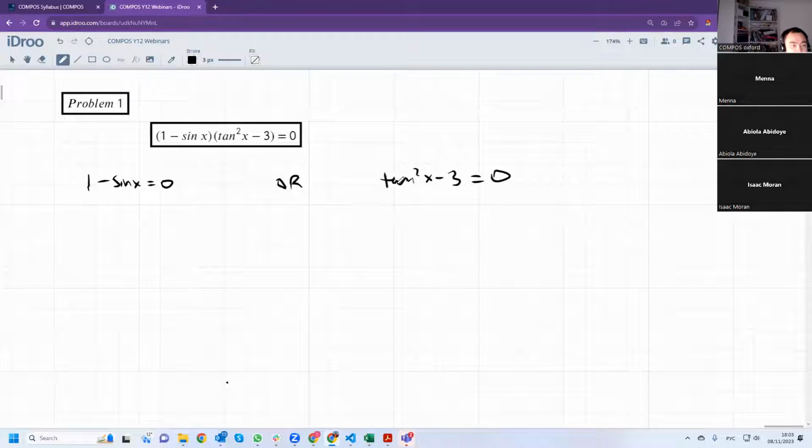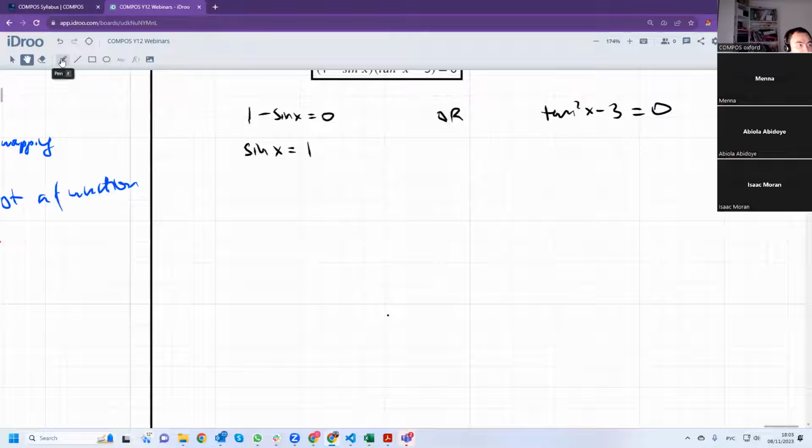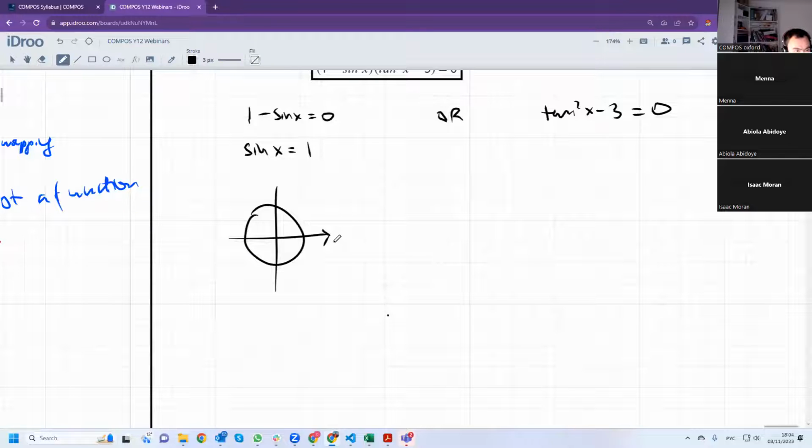And so from here we can write that sine x is equal to 1. Let's solve sine x equal to 1. If you draw this circle, x and y, sine is 1 here at 90 degrees, or, well, let's do it in radians.